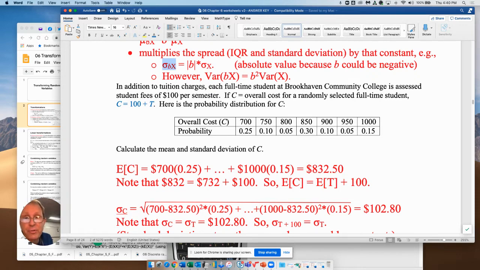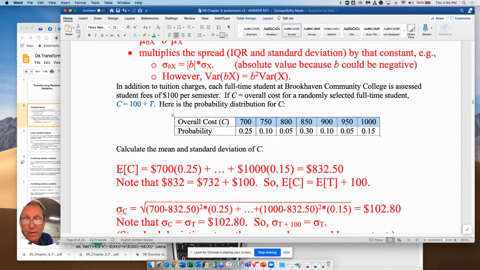So in addition to tuition, each full-time student at Brookhaven is assessed a student fee of $100. So their total cost, if C is the overall cost, is just their tuition cost plus $100. Now I could do this the hard way, again putting in the new values for each of my costs, calculating what their tuition would be if they had 12 credit hours, and then adding $100 to give me their total cost.